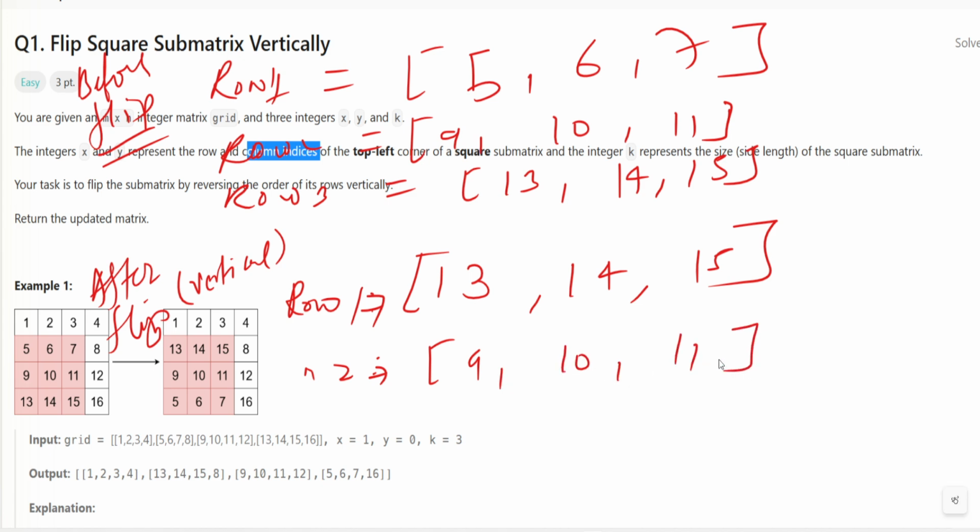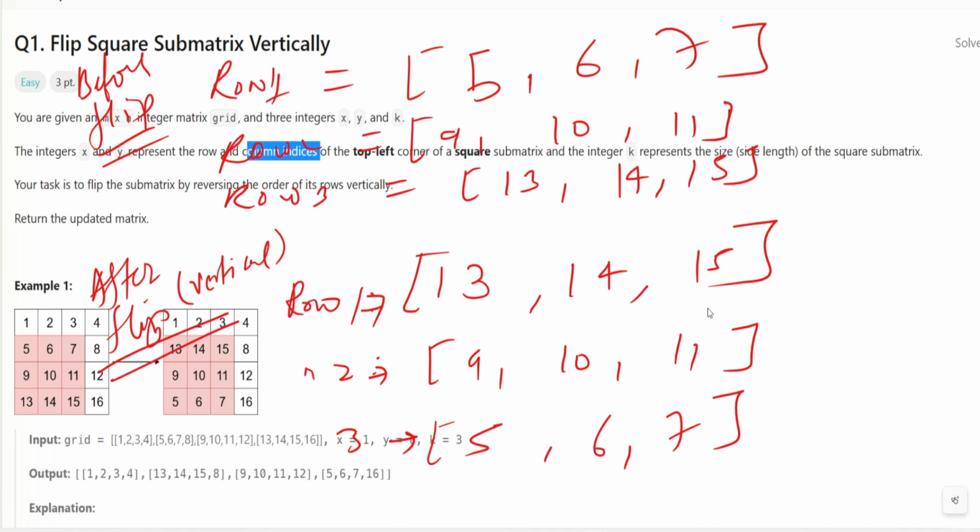The middle will stay the same, we don't need to do anything. Again, for row 3, we have 5, 6 and 7. I hope you understand. So after the vertical flip, this is your submatrix.